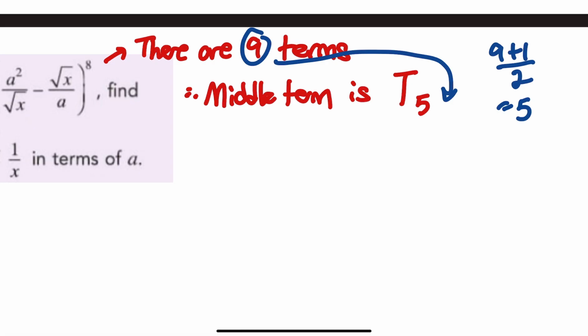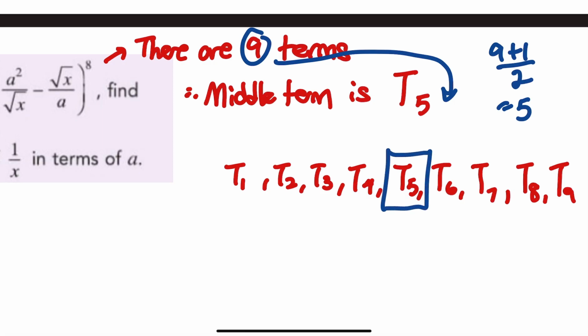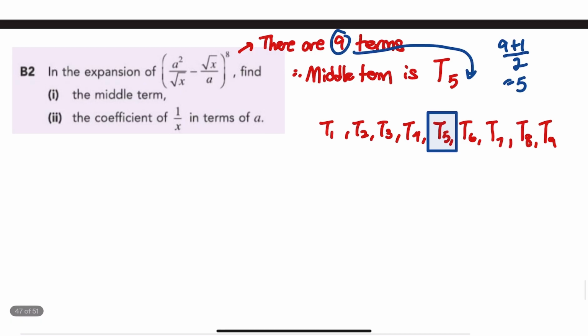Okay, in case you are not sure how to visualize, term 1, term 2, term 3, term 4, term 5, term 6, term 7, term 8, term 9. The middle term in this case is term number 5. So how do I do that first?